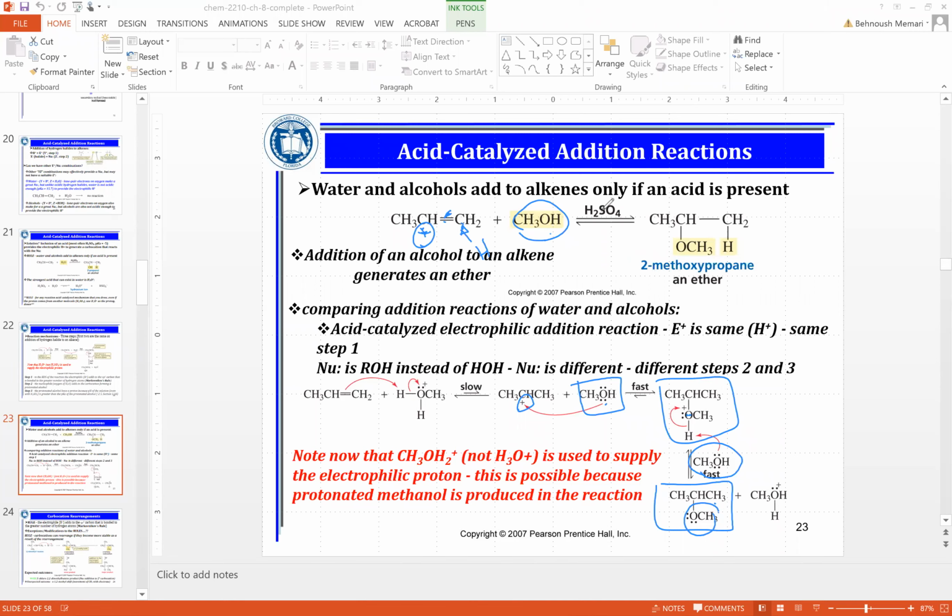When you write the general formula, alcohol is ROH. When you are adding ROH to a C=C double bond, H is going to add to one carbon and OR would add to another carbon. So you're going to have C-OR. What is R?